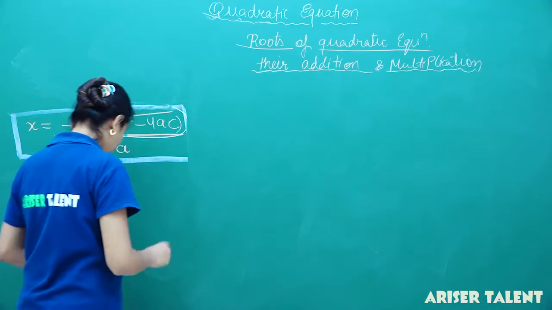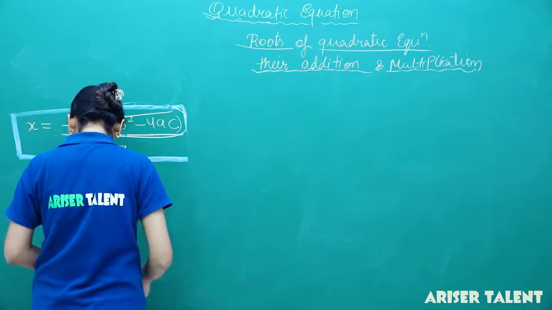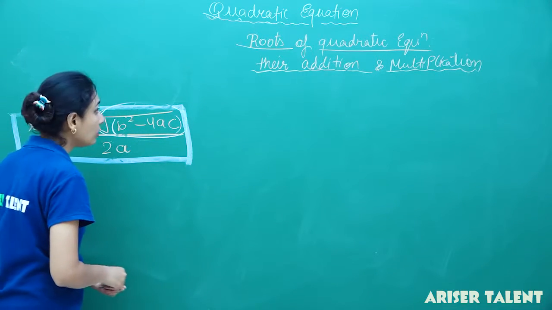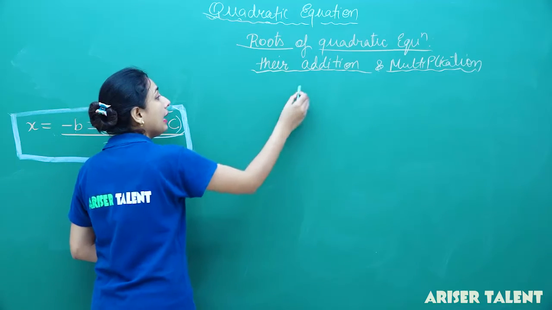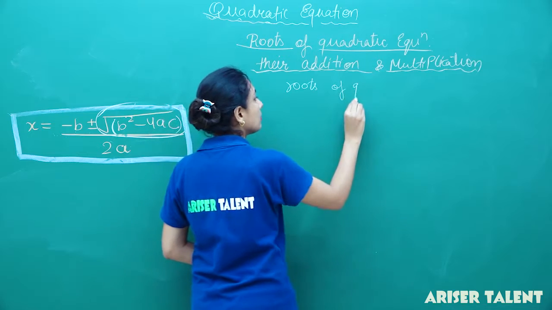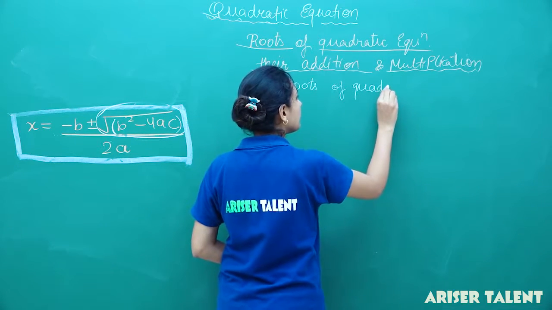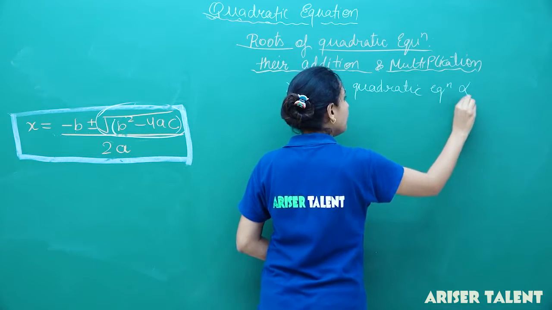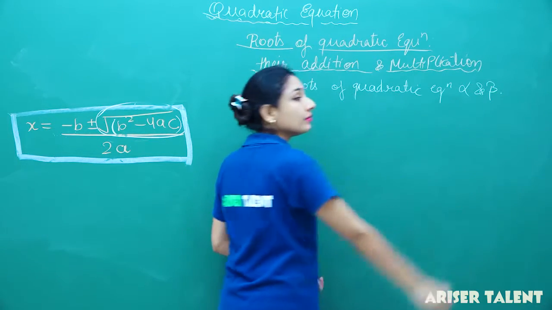Okay, so if I am going to multiply or do anything, first I have to know what the roots are. The roots of a quadratic equation are alpha and beta.